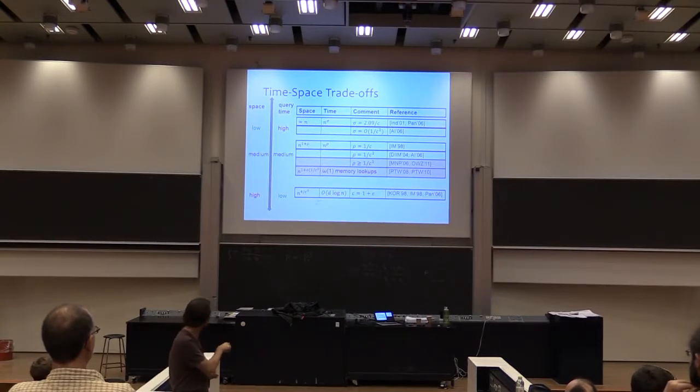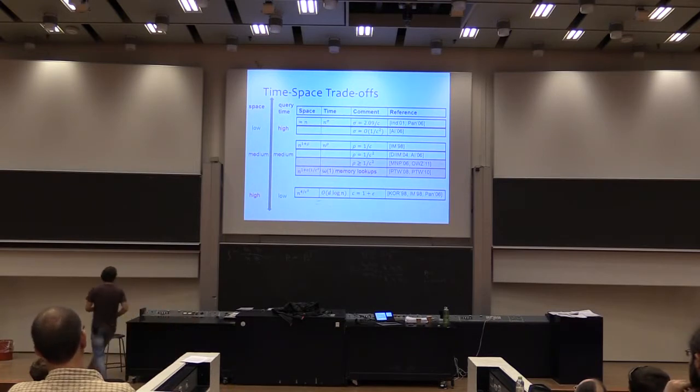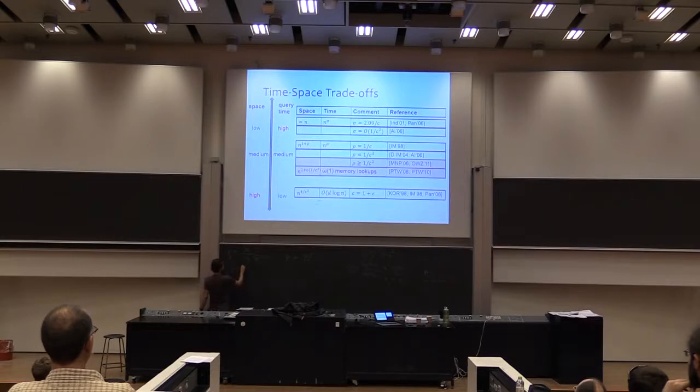The bounds look something like n to the power 1 plus order 1 over C squared divided by T, where T is the number of memory lookups.